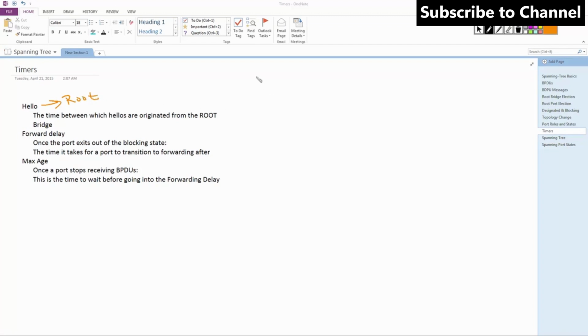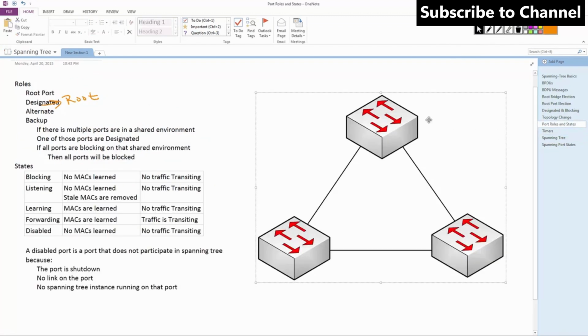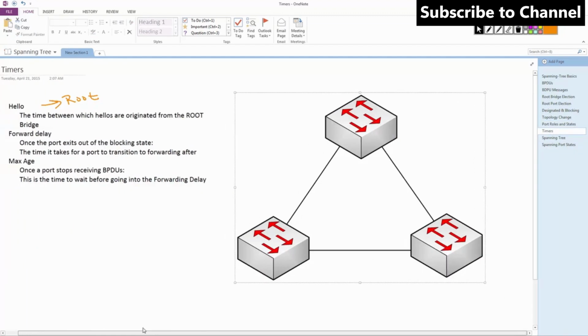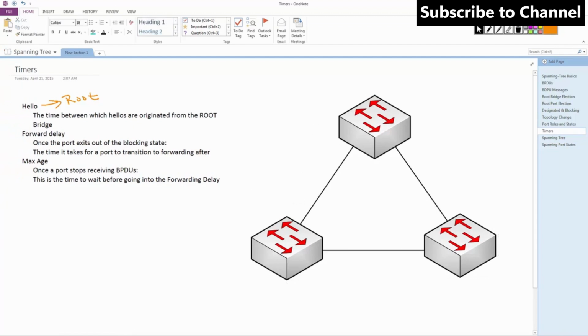Every one of these bridges will have a configuration on them for the timers. Now, if this bridge is the root, you can go onto any one of these switches that are non-root bridges, and you can change the timers all you want.